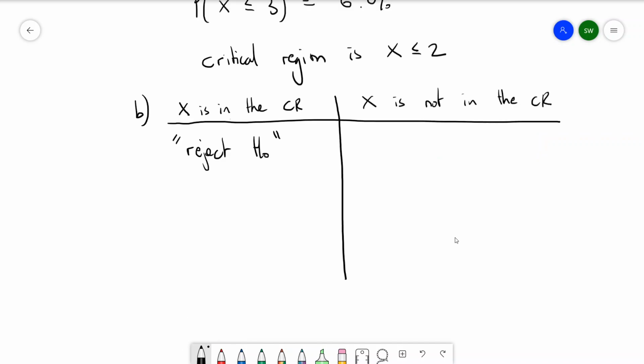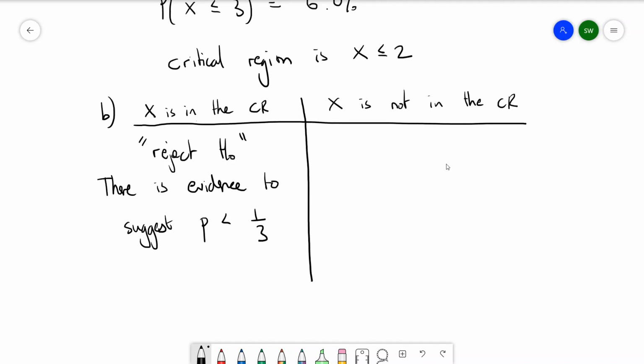So you're going to get a mark for saying reject H0, and then you'll get a mark for making your conclusion. Now your conclusion is always related to the alternative hypothesis. So we're going to say there is evidence to suggest that p is actually less than a third.